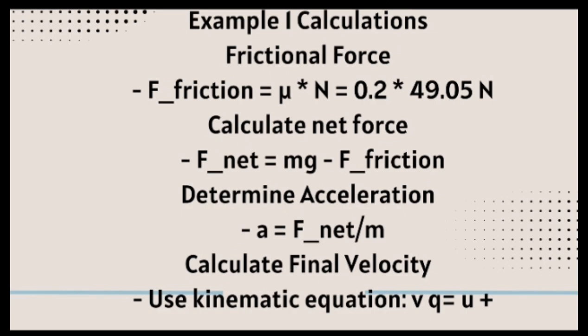F net equals mg minus F friction, resulting in 39.24 N. To determine the acceleration, we use a equals F net over m, yielding an acceleration of 7.85 meters per second squared. Finally, we can find the final velocity using v equals u plus at, assuming the block starts from rest.